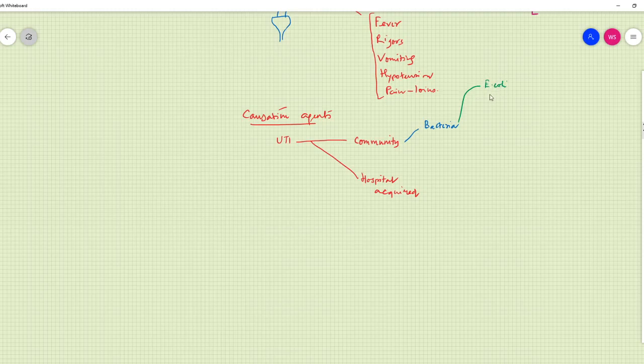Or it can be Proteus mirabilis, Klebsiella pneumoniae, Staphylococcus saprophyticus, or Enterococcus fecalis.